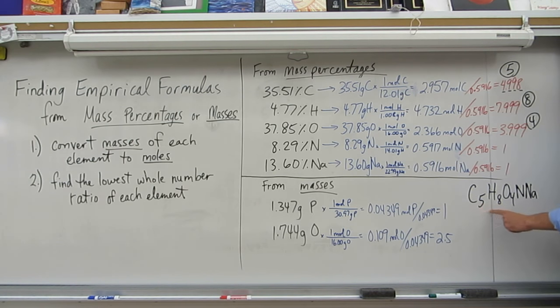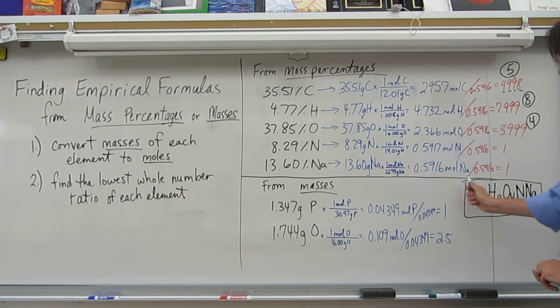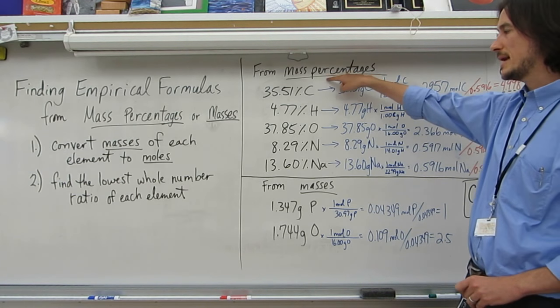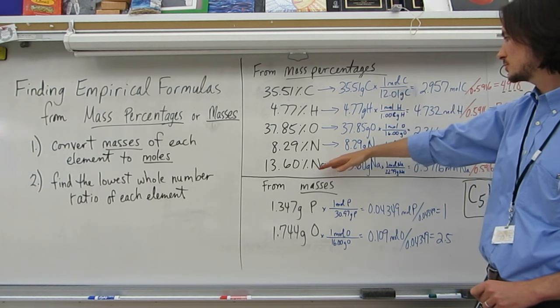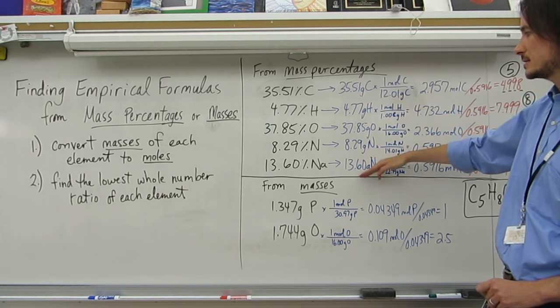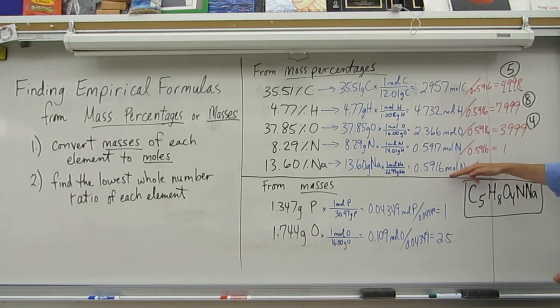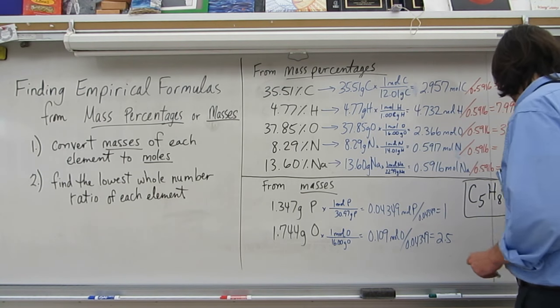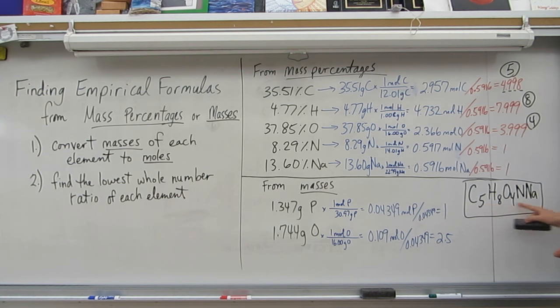But we have 5 to 8 to 4 to 1 to 1. This is your empirical formula. Okay, that's the first one, and that was from mass percentages. The mass percentages make that mass, convert to moles, divide by the lowest, and it worked out. We had whole numbers after we divided. So I'm going to get rid of this.